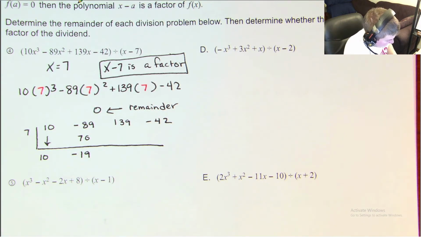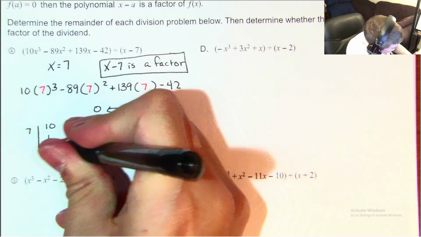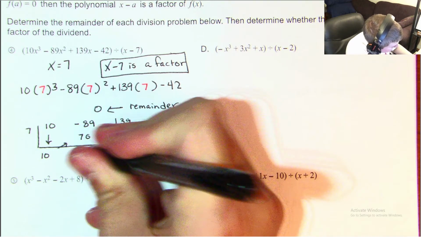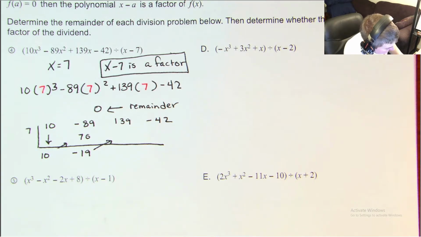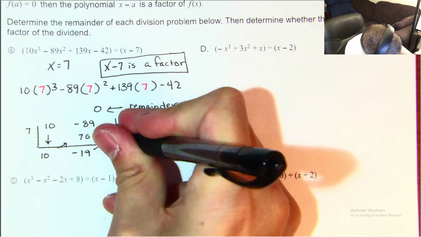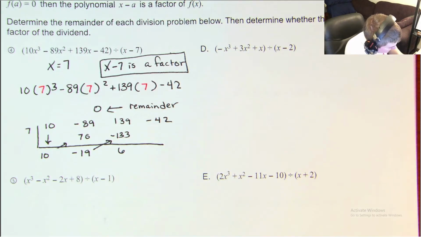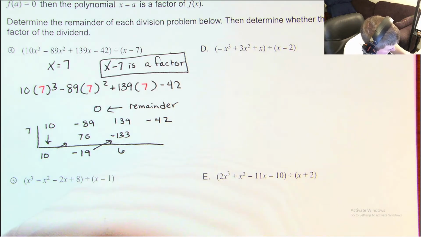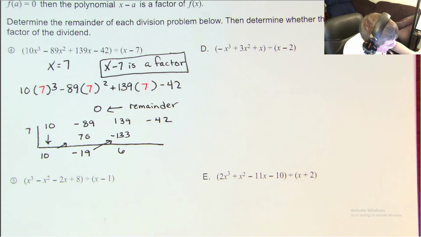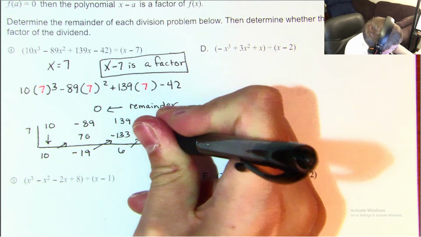Big numbers, I'm always extra careful. Then negative 19 times 7 is negative 133. Here I get a value of 6 left over, 139 plus negative 133. Then 7 times 6 is 42.